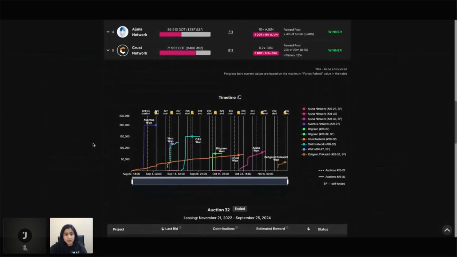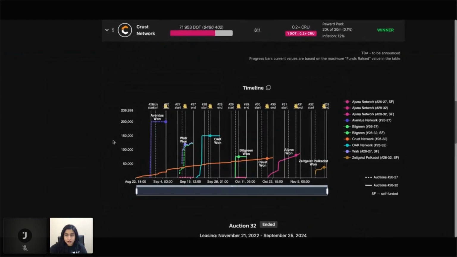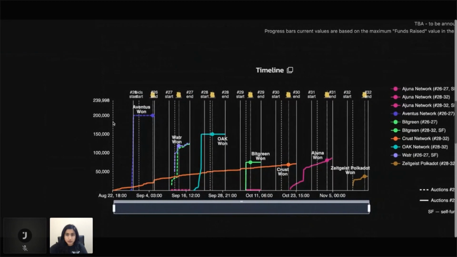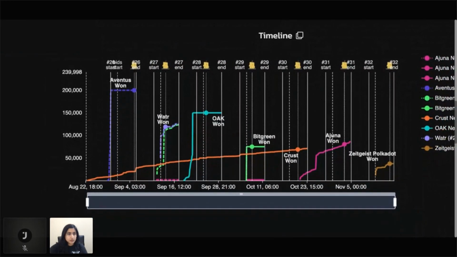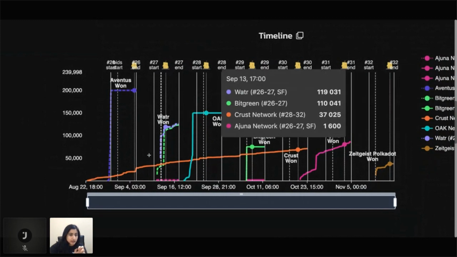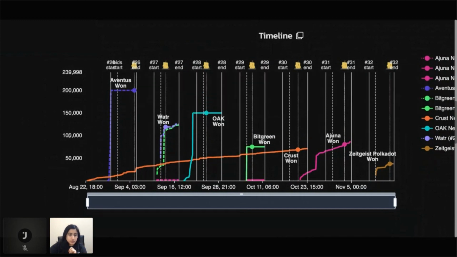So this is from September, not very long ago. I'm zooming in on the map, hope this is readable. So let's look at this map together. What happened here was that from slot number 25 to slot number 32, we have the data for bids that happened for these slots, and this is the number of DOT that the projects had to contribute in order to get the slot.